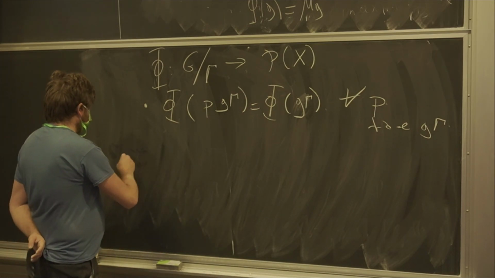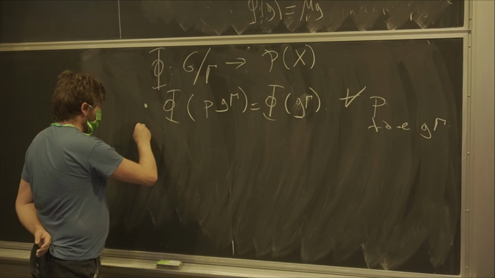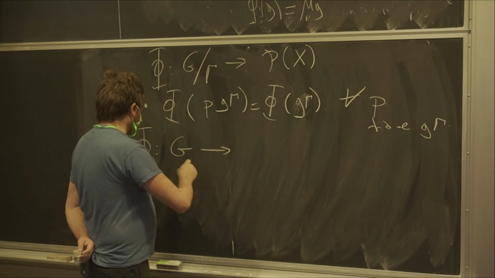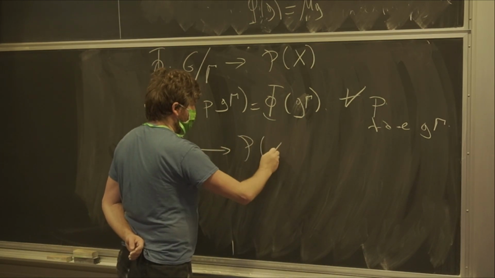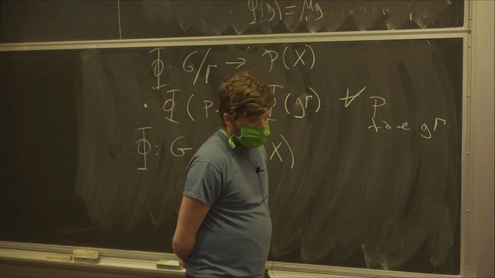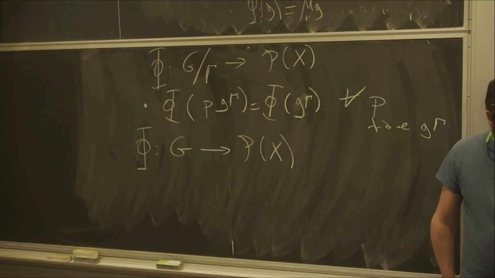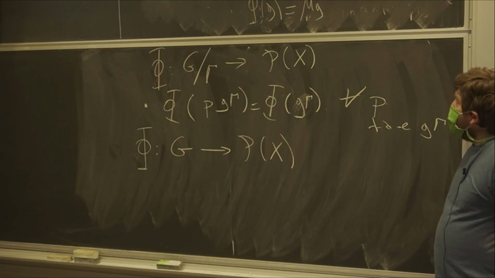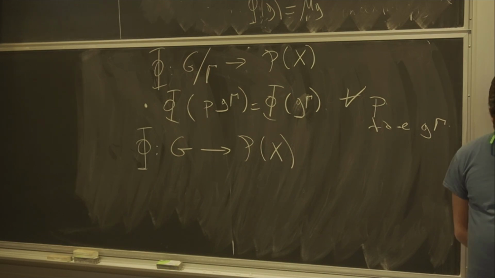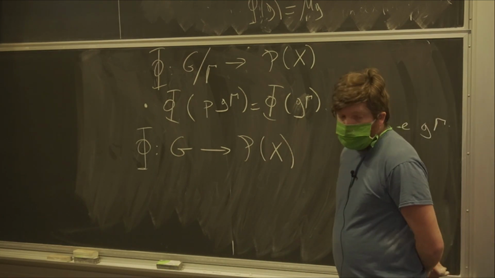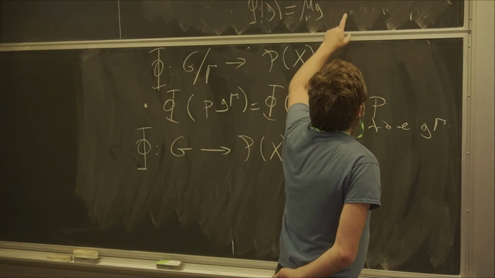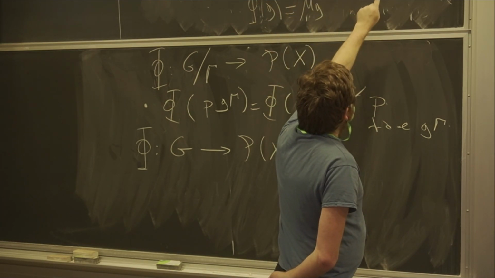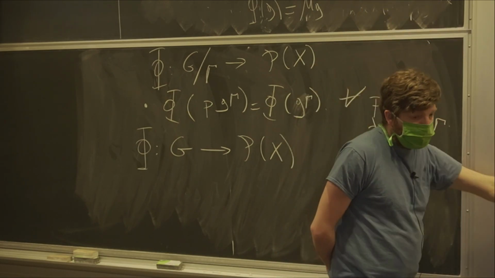Now I will still call it phi, and I will extend naturally this function to a function from G into P of X. Just take a point G, project it, and do what you have to do. And now comes one thing that I really would like you to be careful with and do by yourself, which is to write down very carefully this integration there, taking into account this identification of X with the fibers.